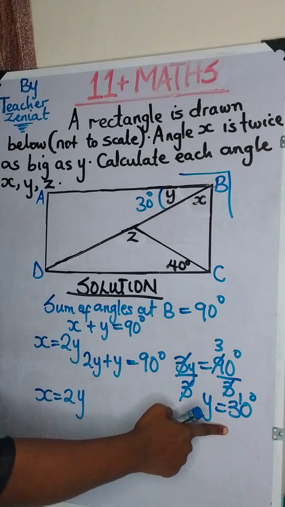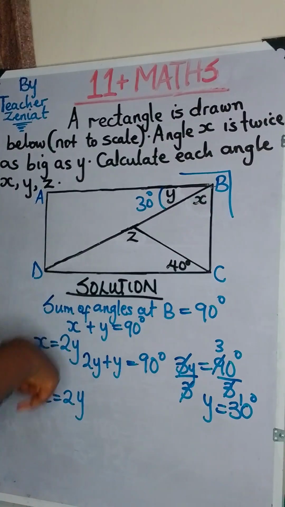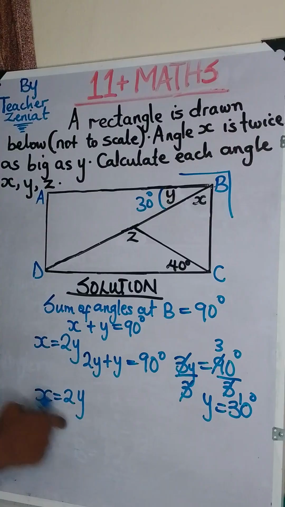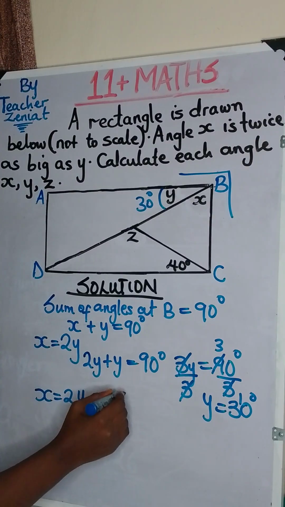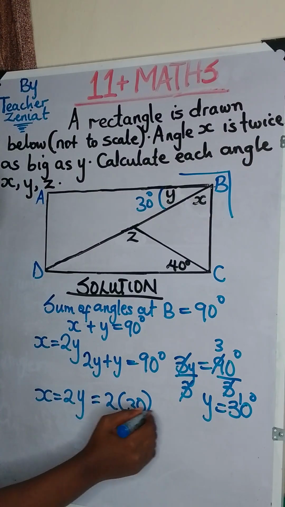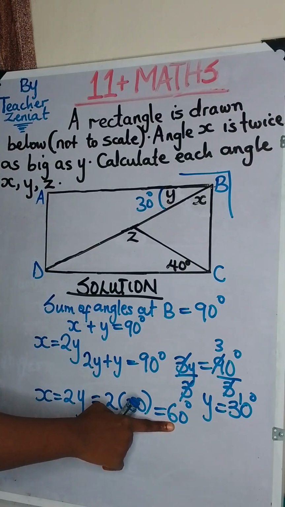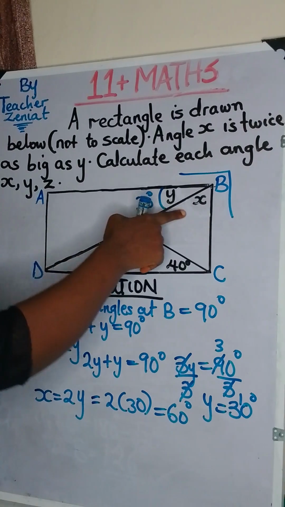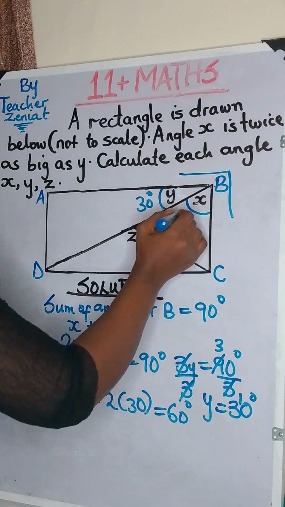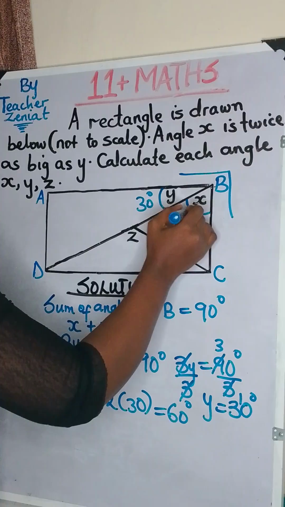And we already know our Y to be 30 degrees. So we are going to fix it into this equation so that we have 2 times 30, which will be equal to 60 degrees. So this 60 represents our X. So our angle X is 60 degrees.